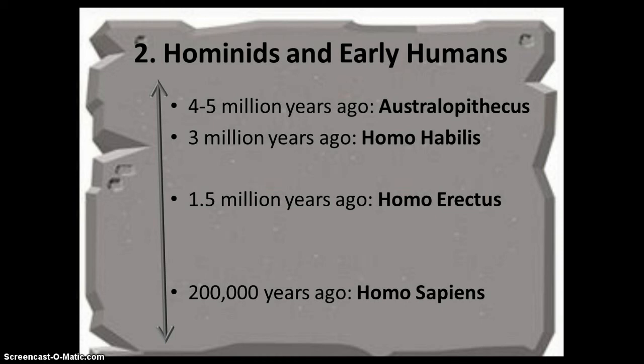3 million years ago, people developed into what we call the Homo habilis, or the handyman. Why we call him the handyman, we're going to discuss later on as well. 1.5 million years ago, people developed into what we call the Homo erectus. And maybe you already know what Homo erectus means, but it has to do with standing up straight.